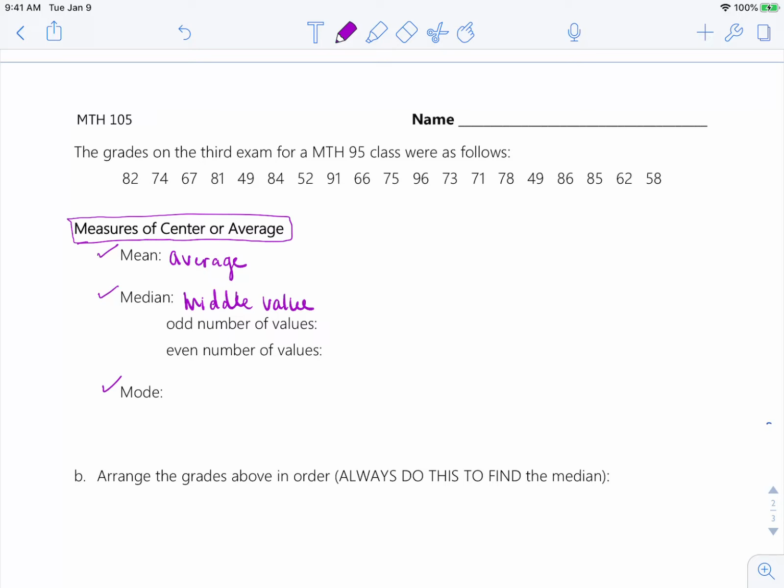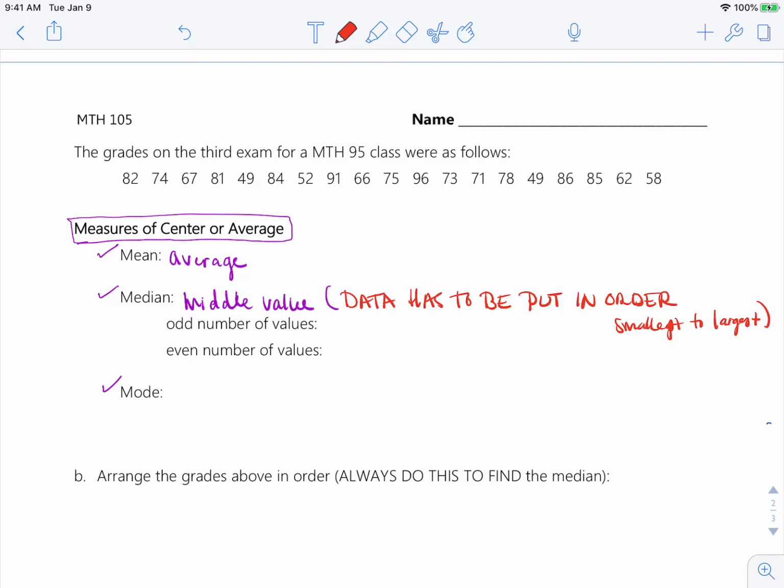Now, this is really, really important. I'm going to put it in red. Data has to be put in order. Order, okay, smallest to largest. So your data has to be put in order, and then the middle value is known as your median.